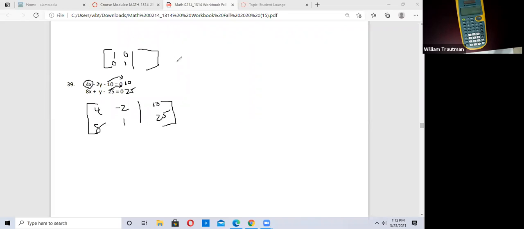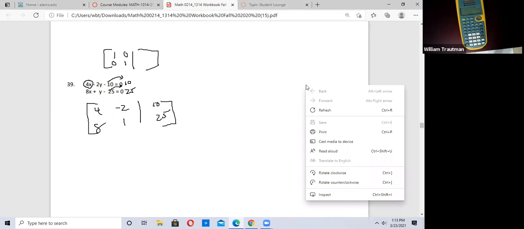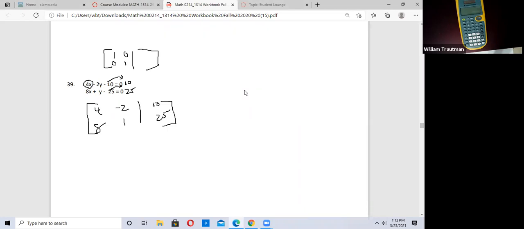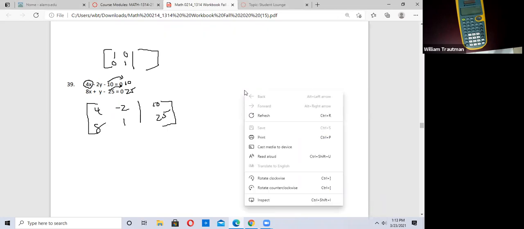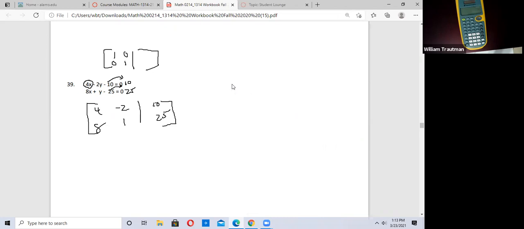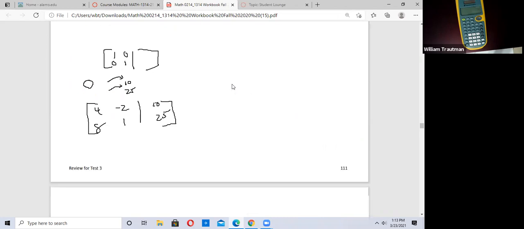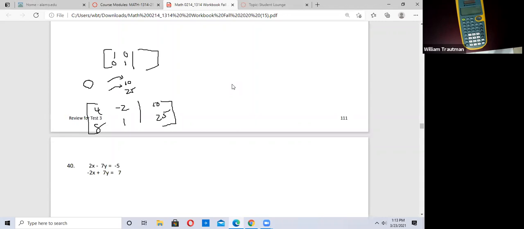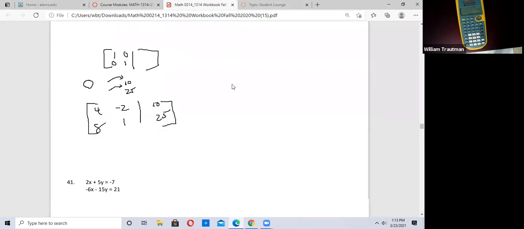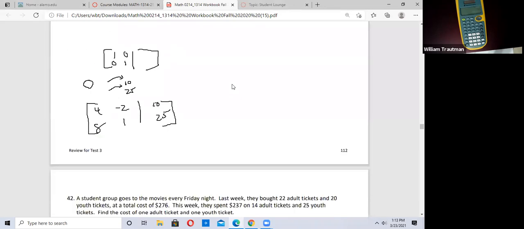For some reason, I think I picked the wrong question. Give me a second. Let me look at number 40. I think I have the wrong question that I wanted. Yes, I need to do 40 or 41. I picked the wrong question.